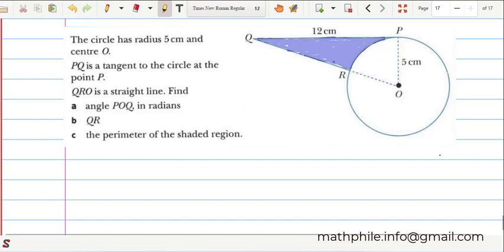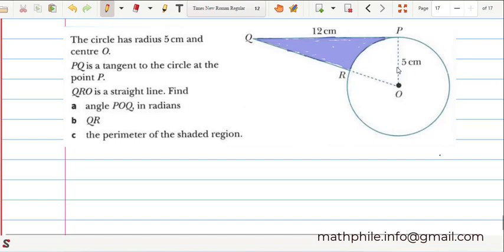Okay, so the question goes this way. A circle has radius 5 centimeters and center O. PQ is a tangent to the circle at the point P. QRO is a straight line. Find angle POQ in radians.